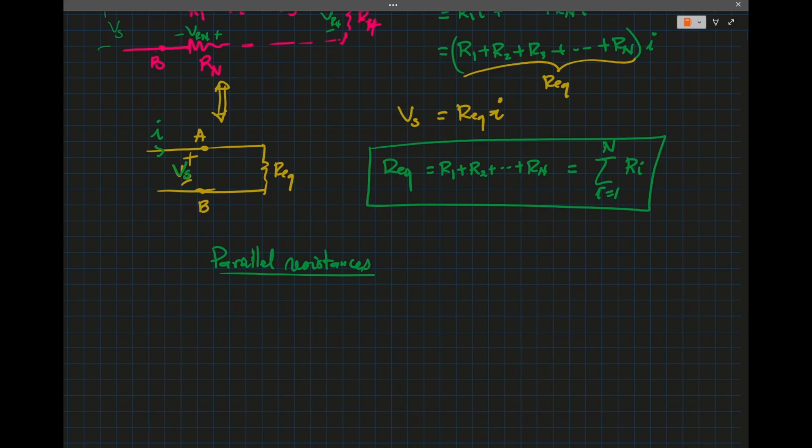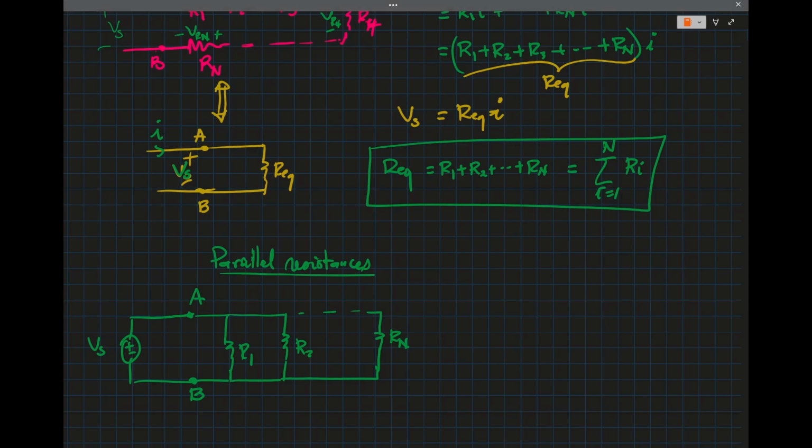When we have this voltage source Vs, and let's say we still have A and B, and we have R1 and R2 through Rn.